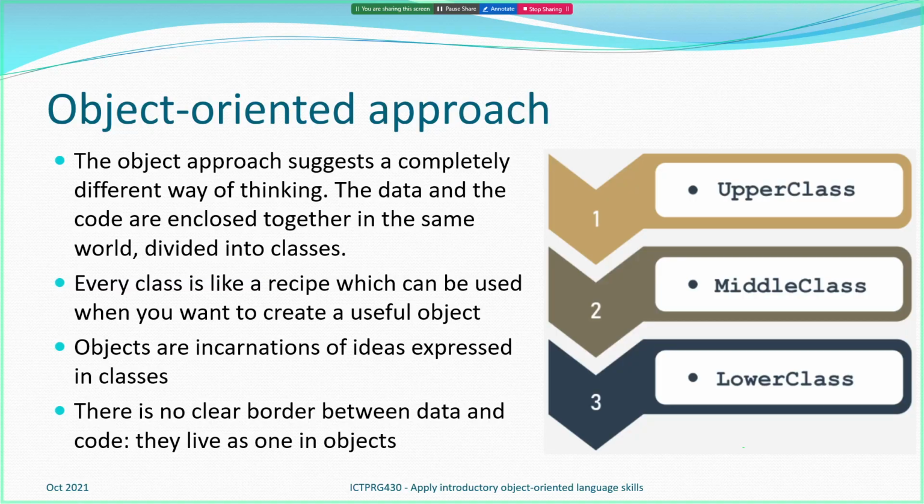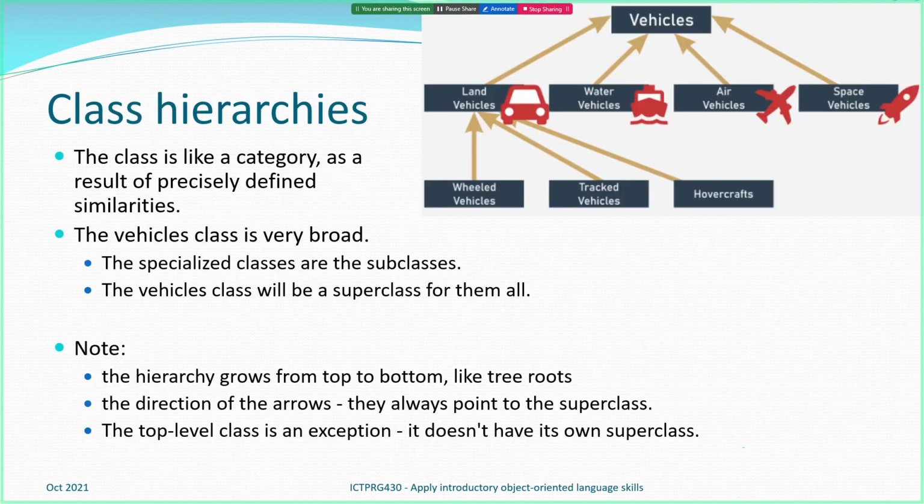As I said earlier, there's no real separation under the class method, in that our code and our data will both be inside our classes and our objects. So in procedural programming we separated the two: we set up our data and then we wrote our code to make something happen.